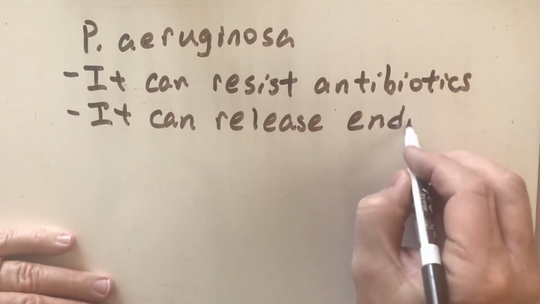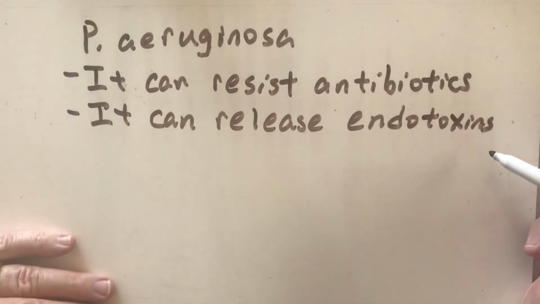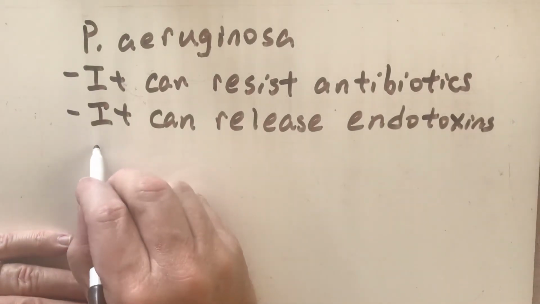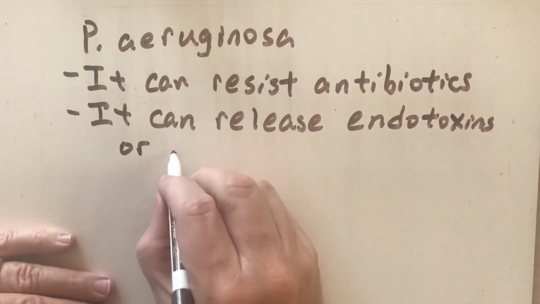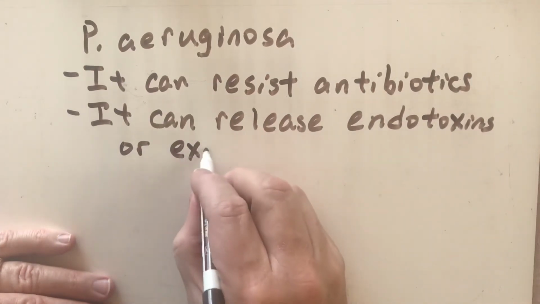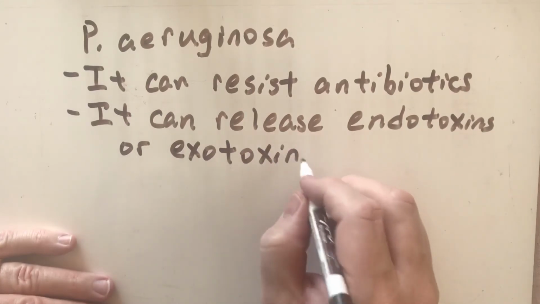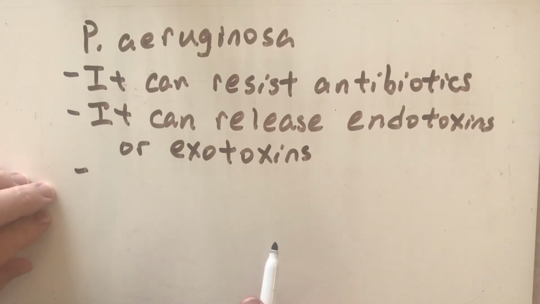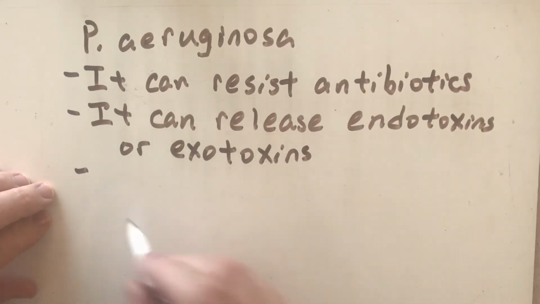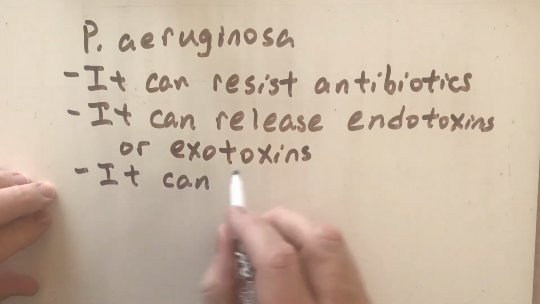And remember, endotoxins are found on their cell walls. When bacteria cell walls break down, they create a toxin called an endotoxin. An exotoxin is basically a toxin that is made by the cell and is released. It usually affects people with lung diseases, like genetic lung diseases, such as cystic fibrosis.